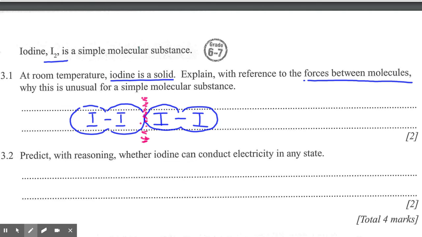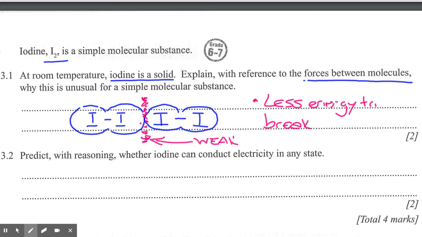It's the intermolecular force of attraction which exists between the iodine molecules, and normally that force is quite weak. And what that means is, because that's a weak force of attraction, it doesn't need a lot of energy to break it, and so when that occurs, it usually means that simple molecular substances become gaseous, or at the least liquids, quite simply.